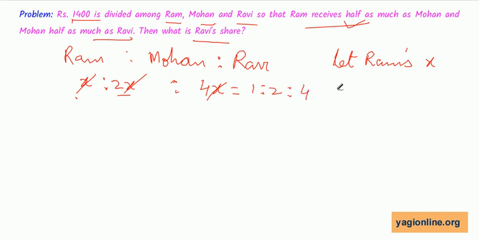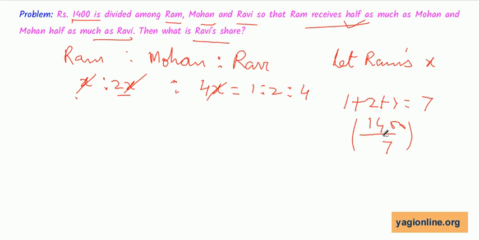Now how much is the profit? Profit is 1400. So let's find out 1 unit of the profit. It will be 1 plus 2 plus 4, and this is 7. So 1 unit will become 1400 divided by 7, and out of this, 1 unit goes to Ram, 2 units are given to Mohan, and Ravi is going to get 4 units.